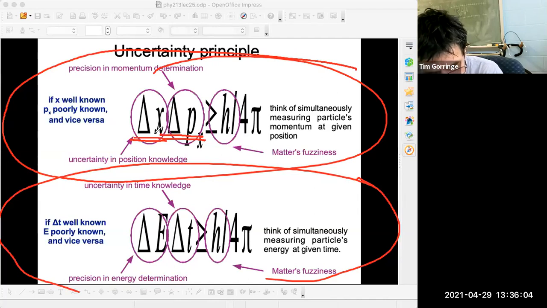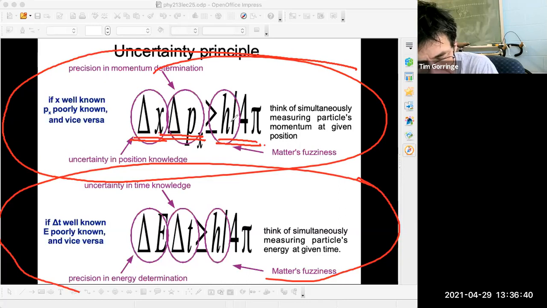The product of delta X and delta P, what could that be? Well, the delta X is how well you can know the position. The delta P is how well you could know the momentum. The delta X, delta P is how well, the size of that determines how well you can simultaneously know position and momentum. And what this equation says, if you look at the right-hand side, is that there is a limit on how well you can simultaneously know position and momentum.